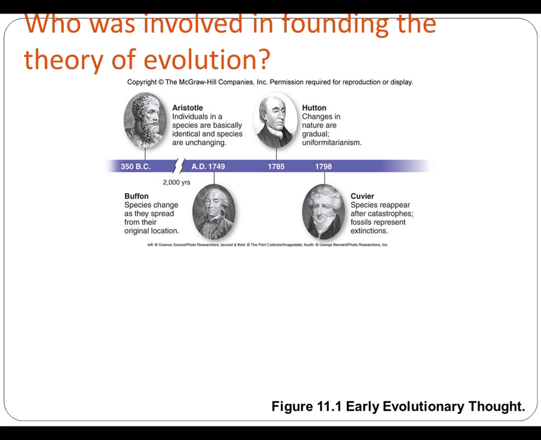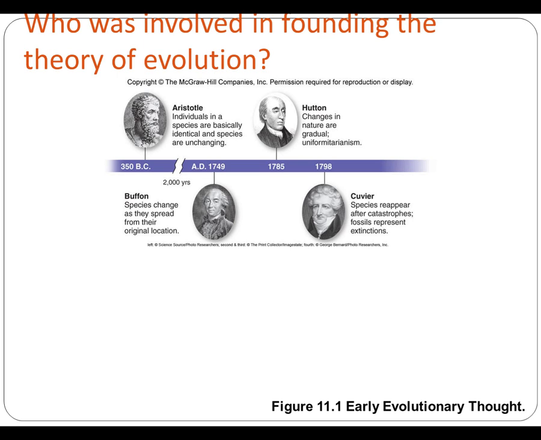Now we know it's maybe not the case, but what he's saying is there's probably something in the environment that does influence population and how species adapt to a changing environment.